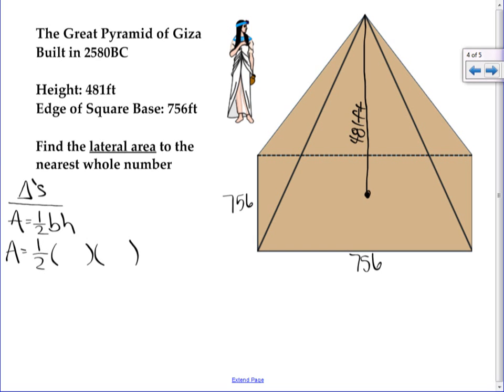What's the base of the triangle? Do we know the height? No. Okay, so let's draw the slant height on the right-hand side over here. Okay, there's the slant height. We need that line right there.